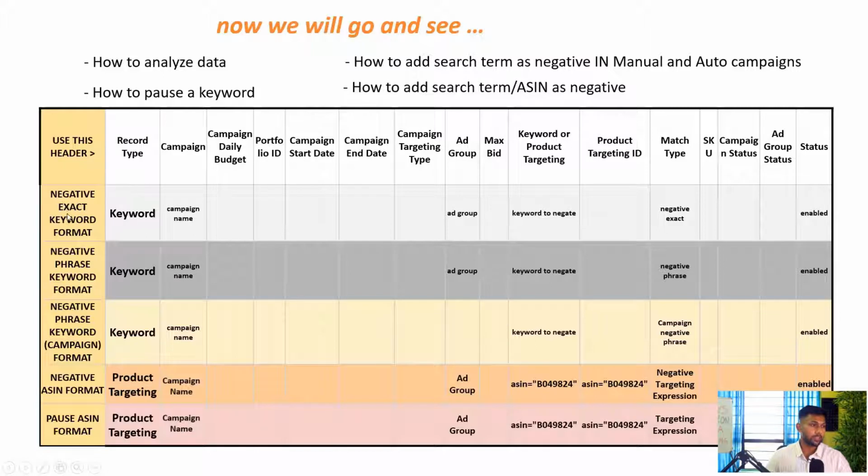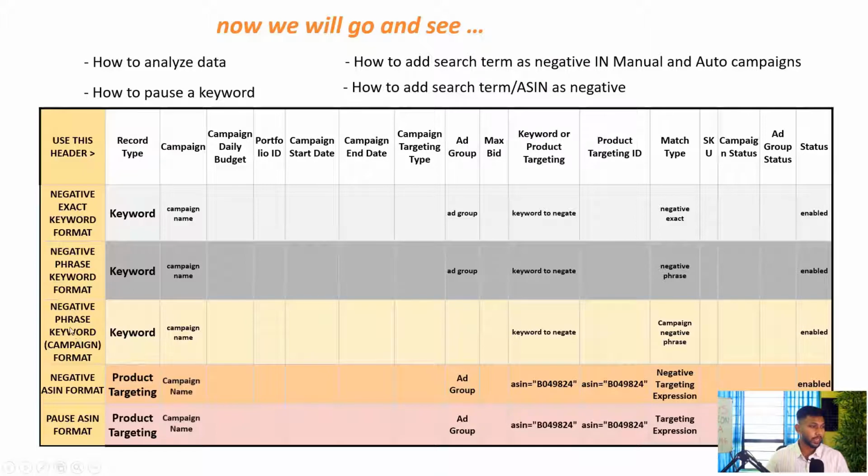If we are going to negate one exact keyword, like negative exact, then we have to use the number 1 format, this one. Now if we are going to do negative phrase instead of negative exact to a search term, then we have to use this format.